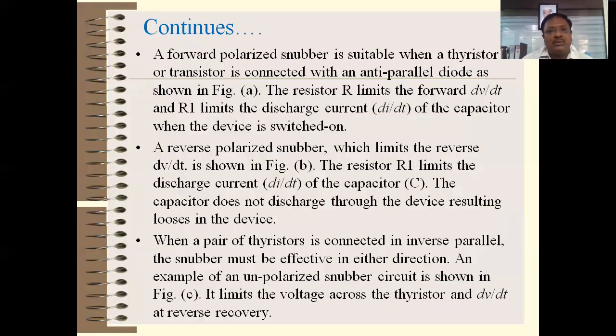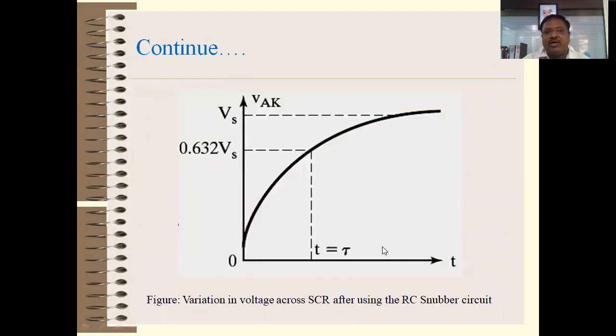So this particular reverse polarized snubber, which limits the reverse dV/dt as shown, the resistor R1 limits the discharge current, and the capacitor C does not discharge through the device, resulting in no losses in the device.